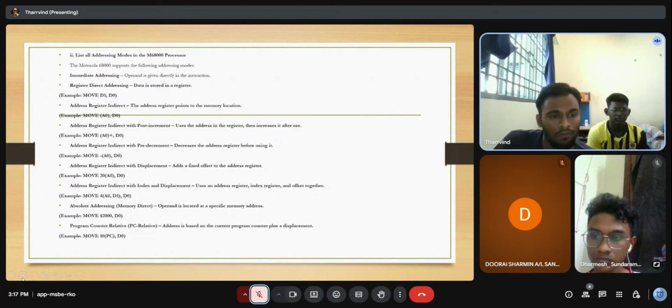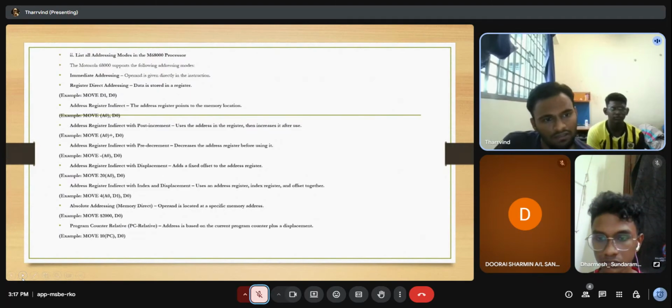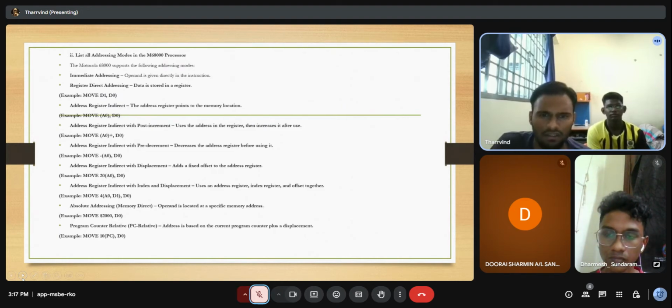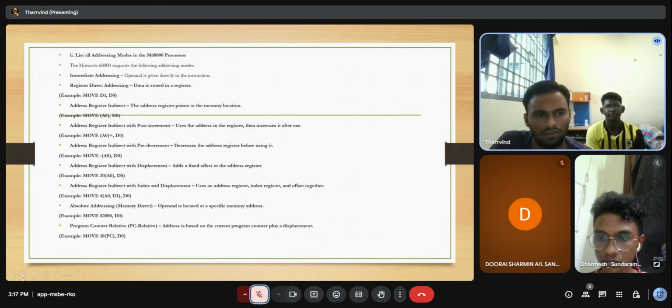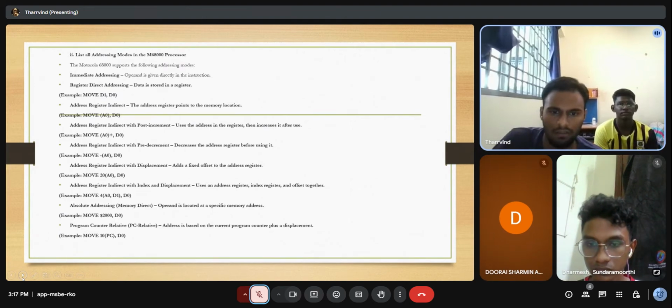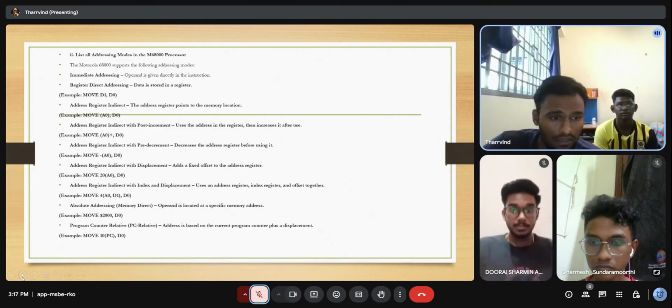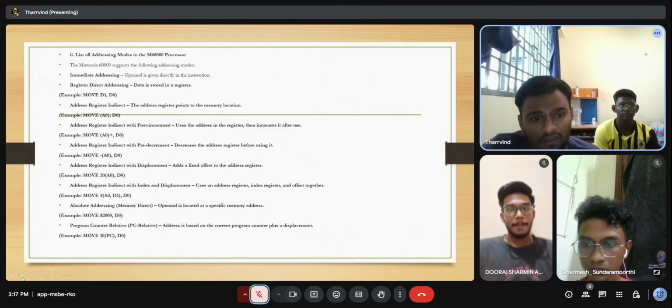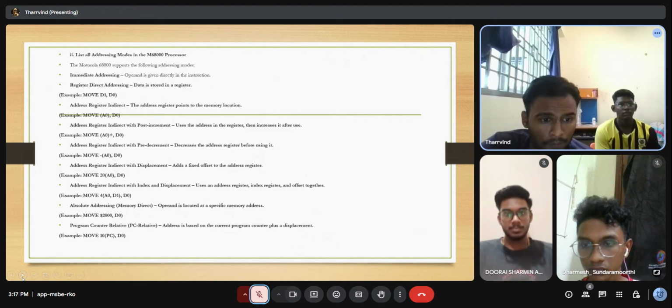The fourth one is address register indirect with post-increment, which uses the address in the register and then increases it after use. Then address register indirect with pre-decrement decreases the address register before using it. Address register indirect with displacement adds a fixed offset to the address register.